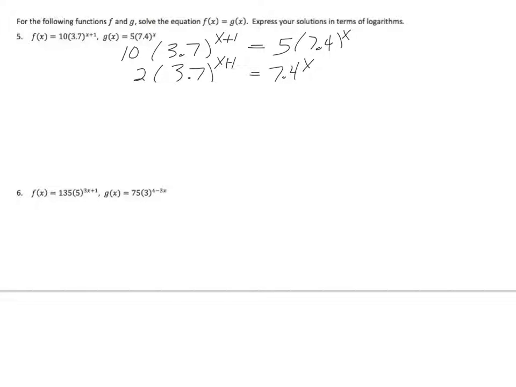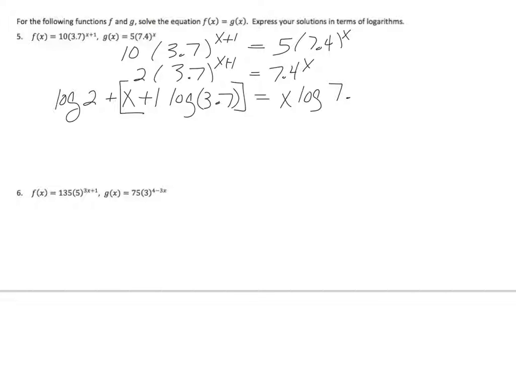Now I'm going to take the log of both sides. And remember, when you take the logs, multiplication equals addition, right? I just bracketed that so you could see it a little bit better. I need to distribute that log through the x plus 1.